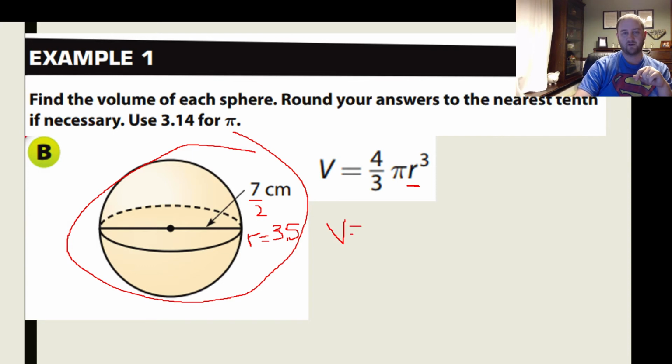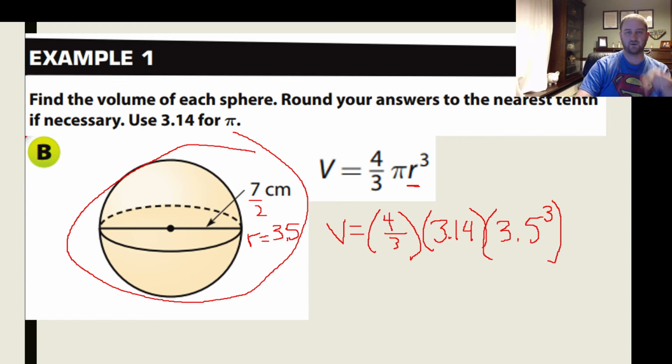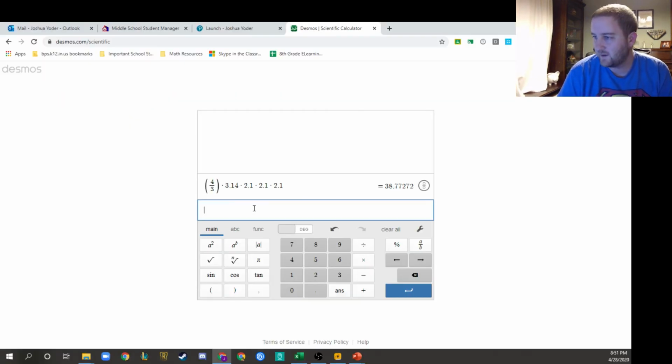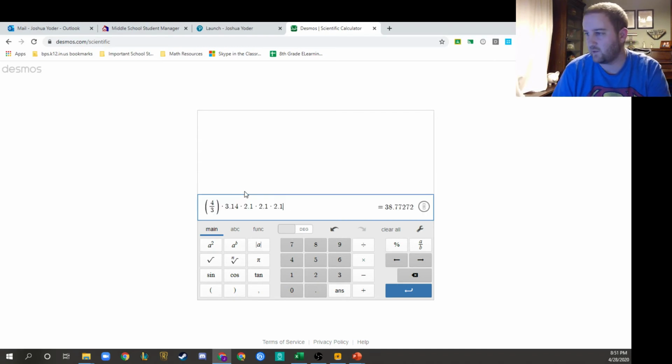So we're going to take volume equals 4/3 times pi, which is 3.14, times our radius cubed, 3.5 cubed. So you can do 3.5 times 3.5 times 3.5. Let's go to our calculator now. Again, I'm just going to edit what I have up in this first one.